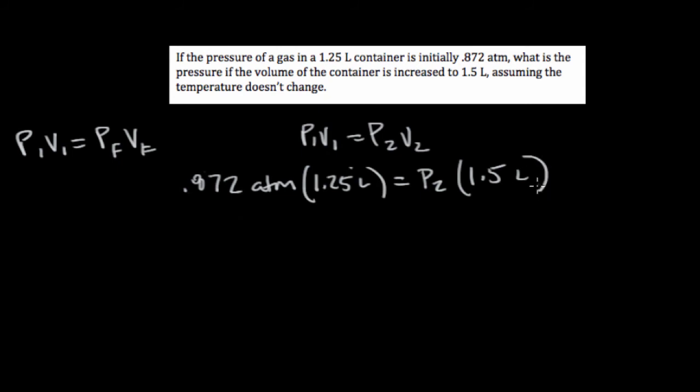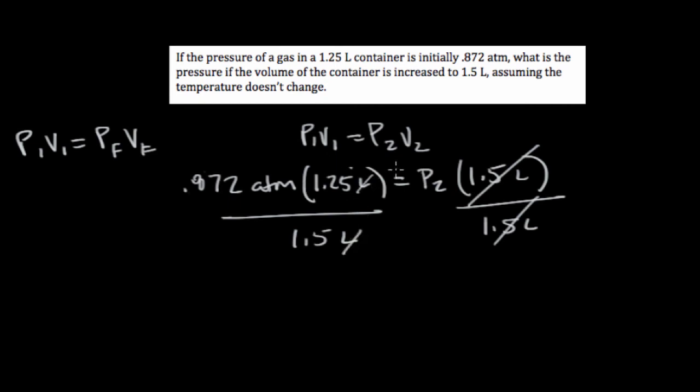And so the first thing that we're going to need to do is divide both sides by 1.5 liters to isolate our final pressure. And so on this side we completely cancel out 1.5 liters, and on this side we cancel out our units of liters, and we get 0.872 times 1.25 divided by 1.5, and we'll retain our unit of atmosphere here, and that'll give us our final pressure, which happens to be 0.727 atmospheres.